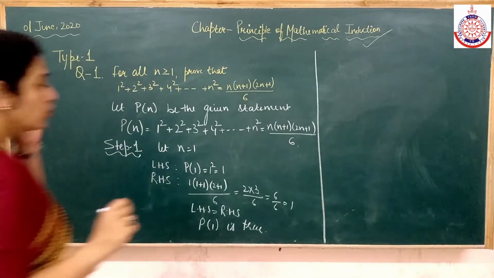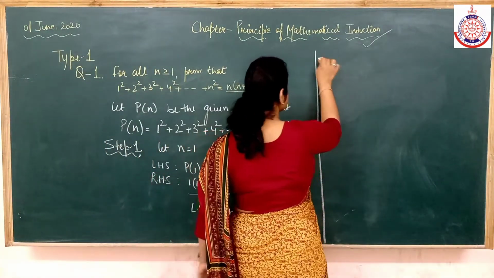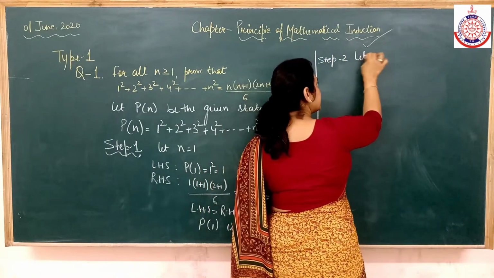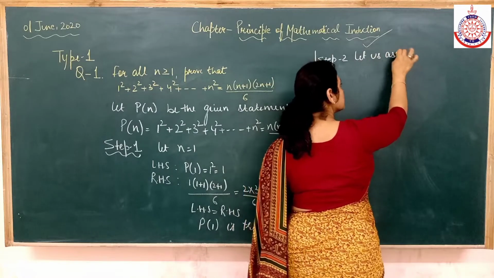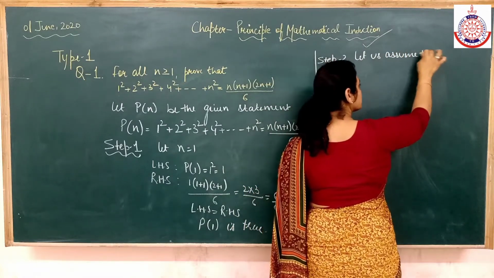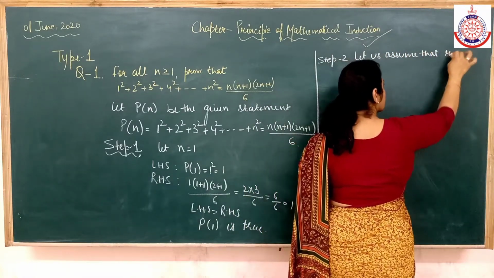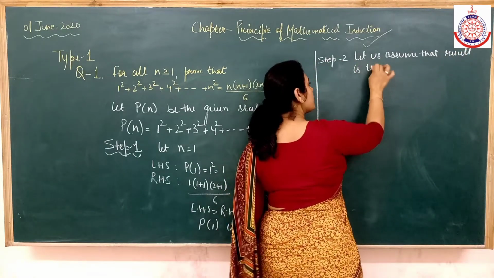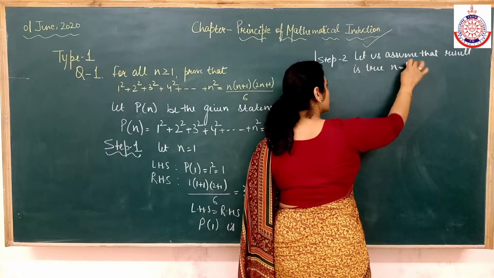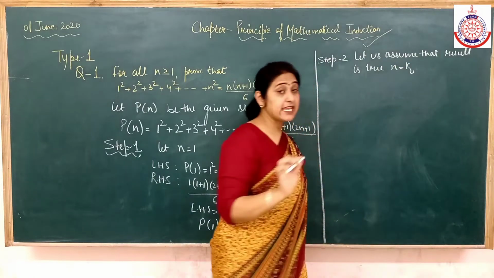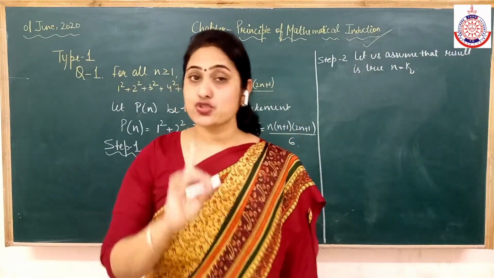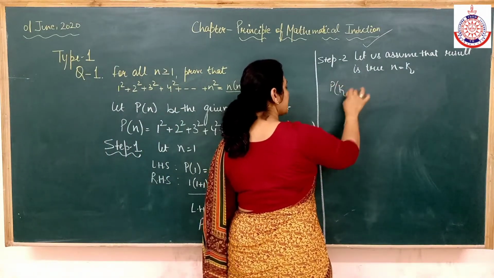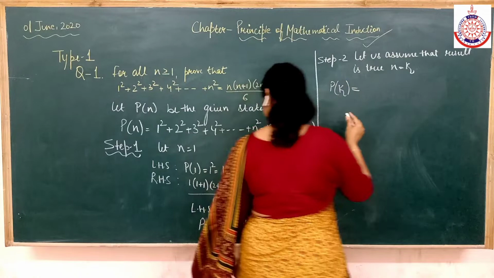Now step 2. What is step 2? Let us assume that the result is true for n is equal to k. That means Pk is true. That I am assuming.